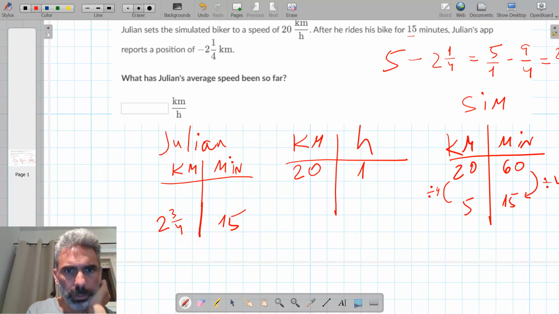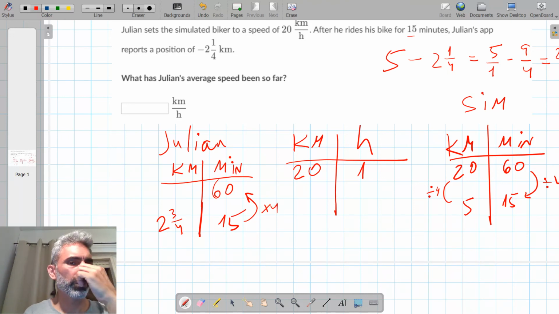So to know what the speed is, we need to multiply this by 4, because there are 60 minutes in an hour. If I go from 15 to 60, I need to multiply by 4. So in this way I will know the speed of Julian in 60 minutes.